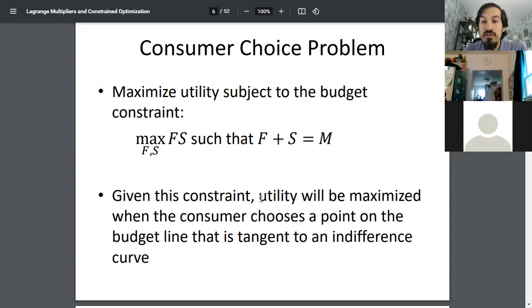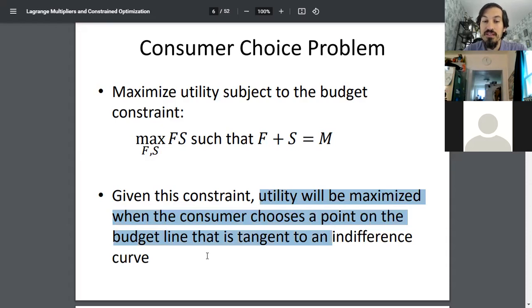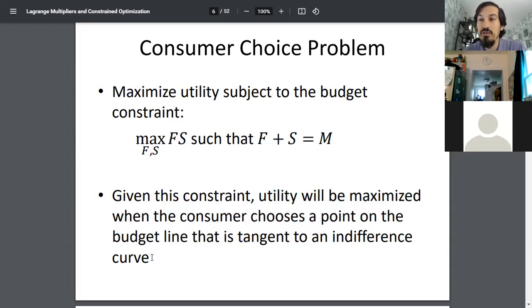Given this constraint, utility will be maximized when the consumer chooses a point on the budget line that is tangent to an indifference curve. Okay, this is not something new to my class. This is something you would have learned in a microeconomic theory class already.